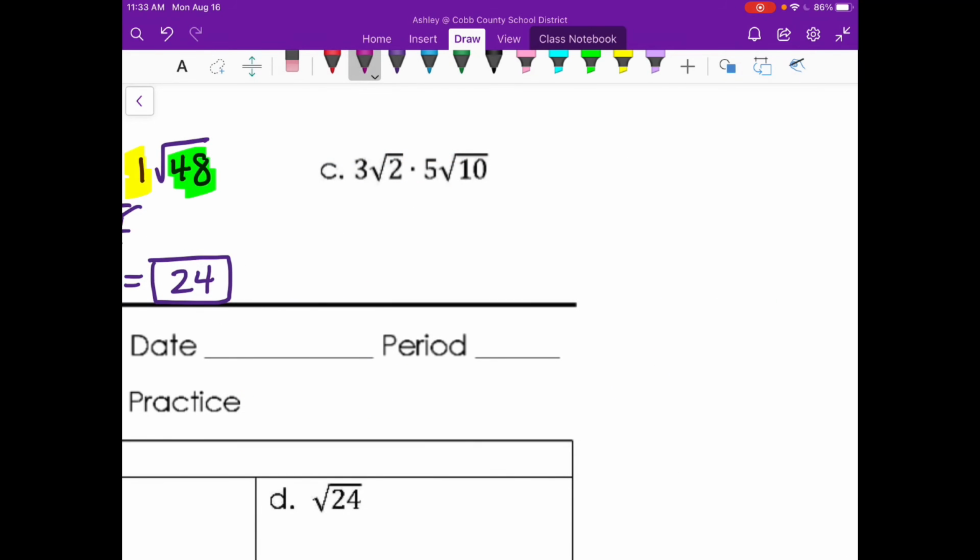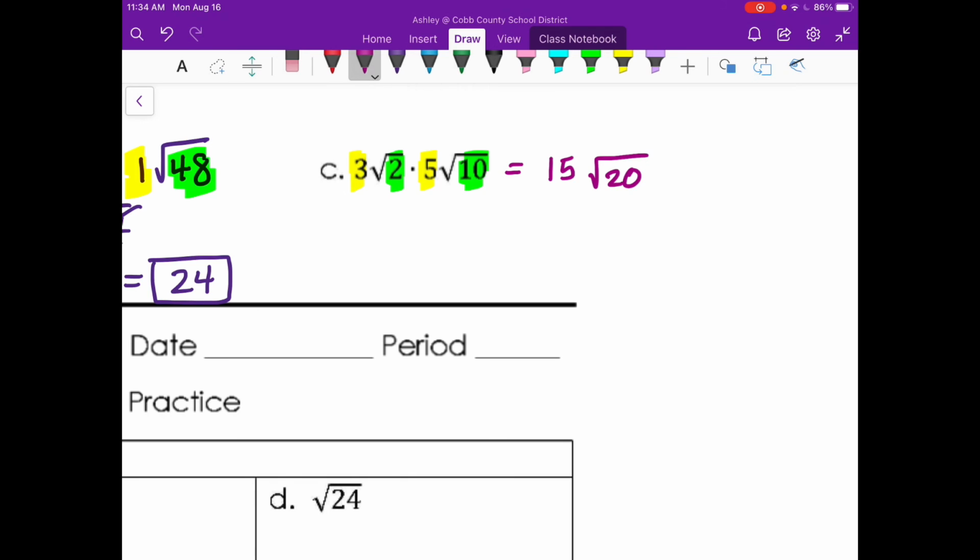For the last example in this group, we'll do the same thing, multiplying the coefficients outside times outside. 3 times 5 is 15. That'll be on the outside of my radical. And then we'll multiply inside times inside, and 2 times 10 is 20, giving me radical 20. And then we are ready to simplify.